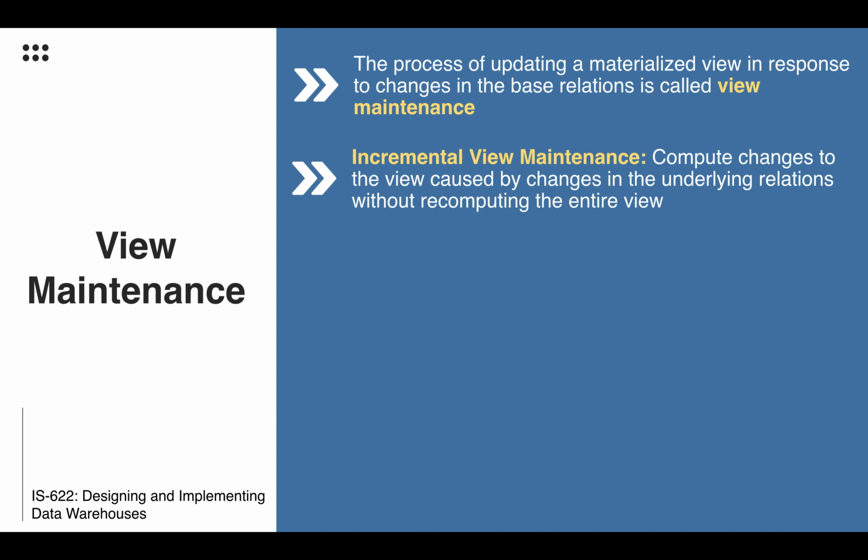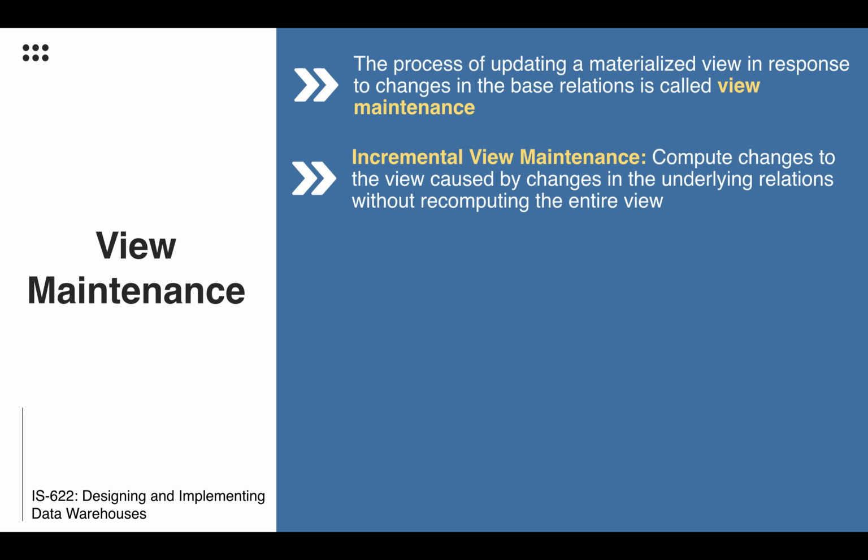These changes are stored inside a table. It's not an actual table, it's a shadow table. Whenever that table is created, these tables are called delta tables, and these tables will be merged with the view, so that this is the way to update a view incrementally.